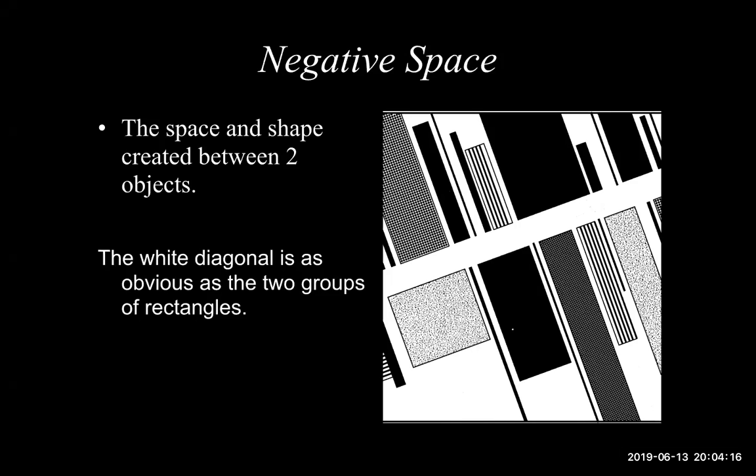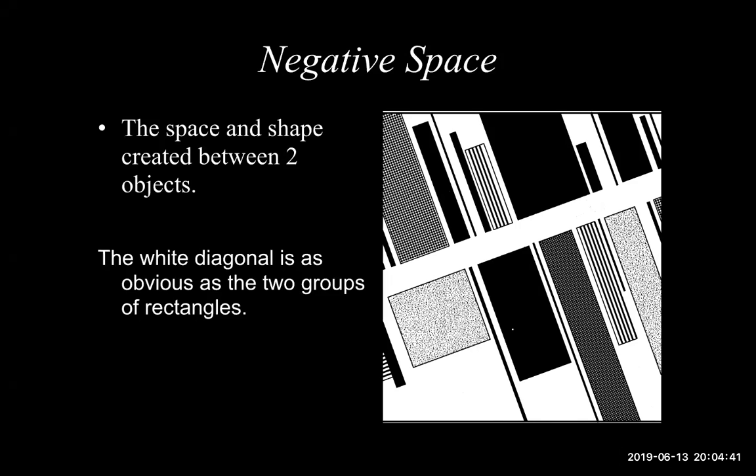The larger shapes on the bottom, we tend to group on the bottom right, and then we tend to group the ones on the upper left as having some kind of relationship. But then we also see that white diagonal, and it's just as obvious to us, that white diagonal, as the two groups of similar shapes.